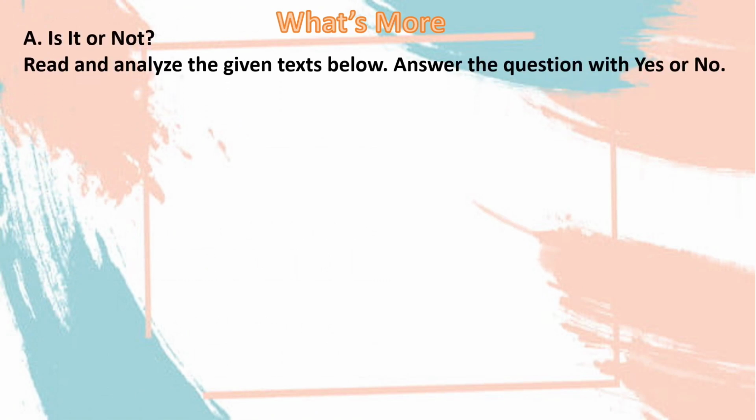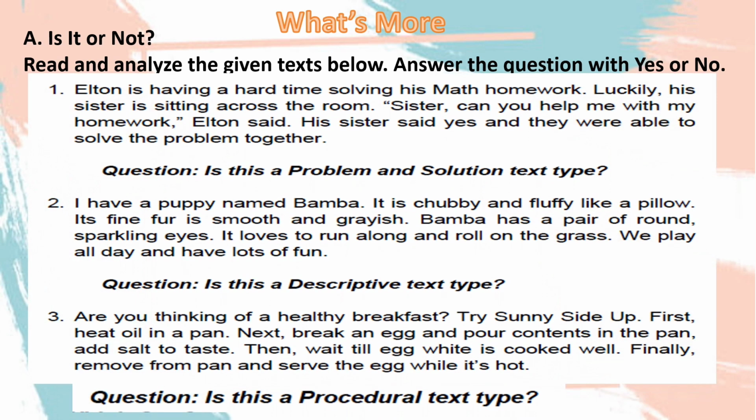What's more? Is it or not? Read and analyze the given text below. Answer the question with yes or no. Number 1. Elton is having a hard time solving his math homework. Luckily, his sister is sitting across the room. "Sister, can you help me with my homework?" Elton said.